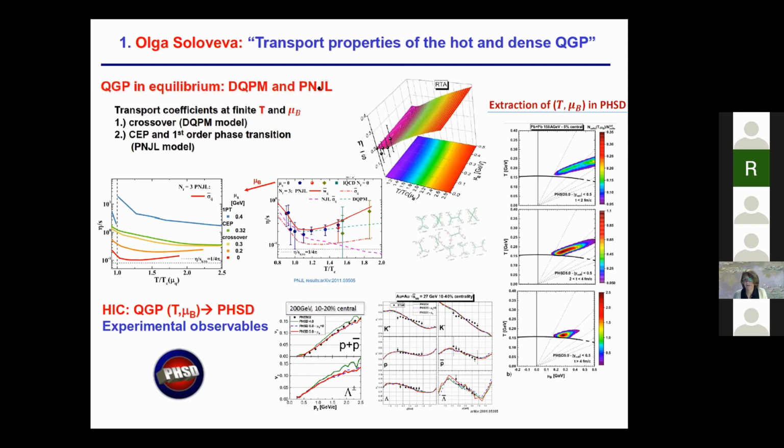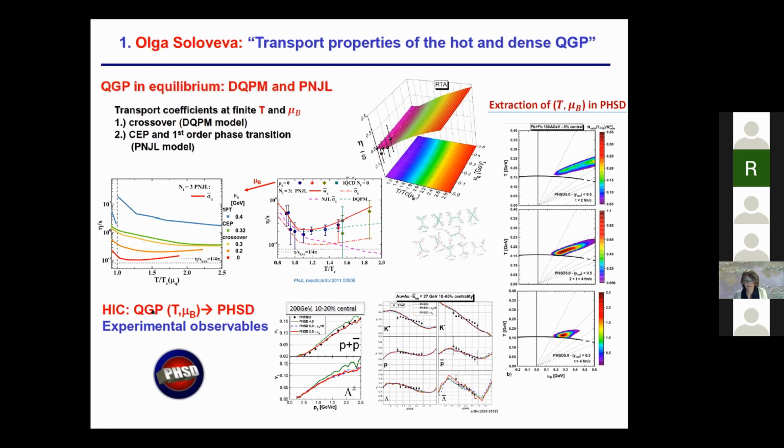And Olga also was telling about the latest work with another group about the PNJL model, one of the advanced PNJL models, which fits the lattice QCD equation of state at finite baryon chemical potential and has a first order phase transition.